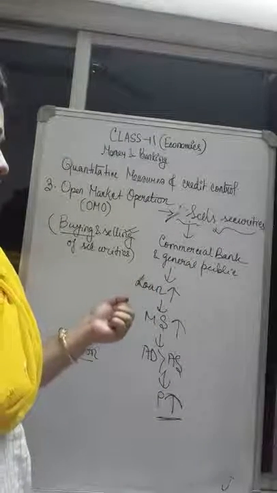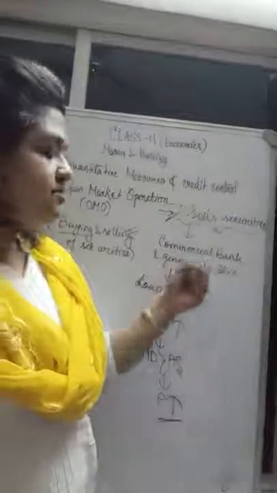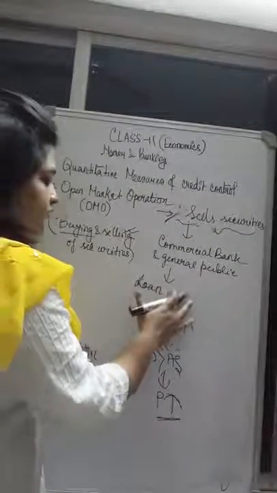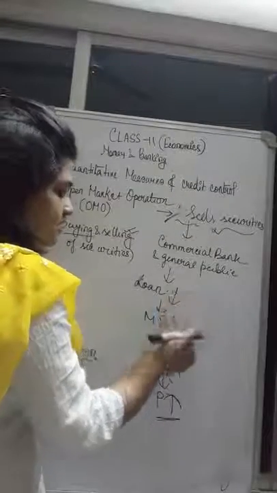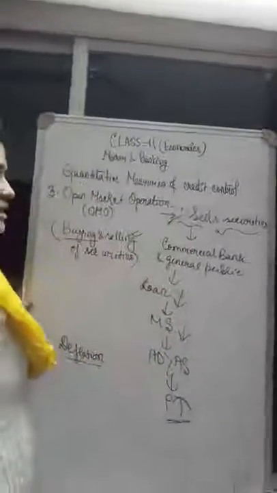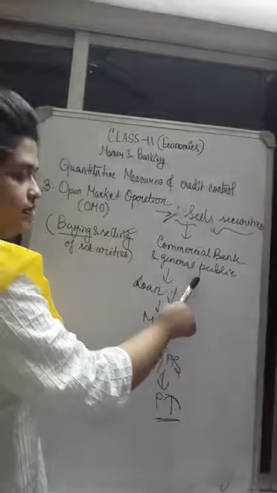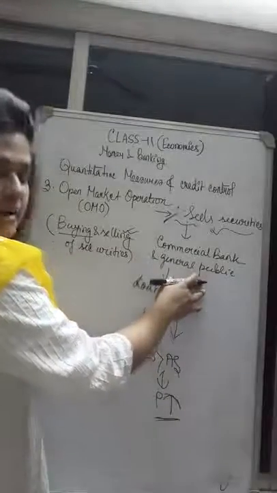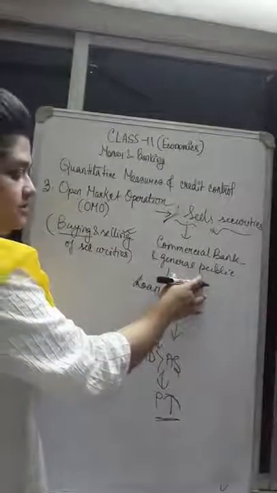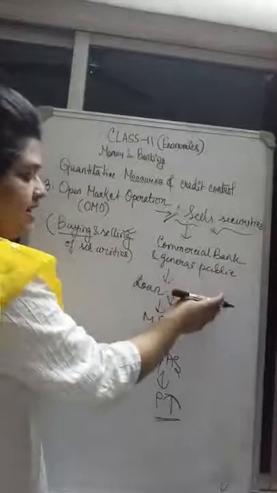So money supply with the public cuts down, and commercial bank also this time has less money at hand to give out loan. So loan decreases and overall money supply decreases because general public have bought the securities from the central bank and resulted in giving money, so they have less money at hand.